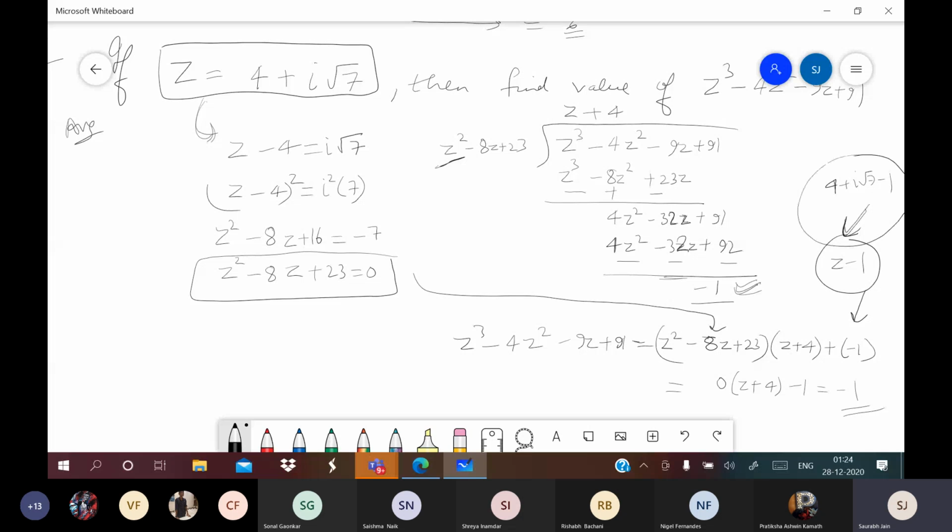So then the answer will be 3 plus iota root 7. Remember this. Right now we are getting numbers every time, but you may get the answer in terms of z also, but you have to be careful that you have done the proper division. That is another thing.